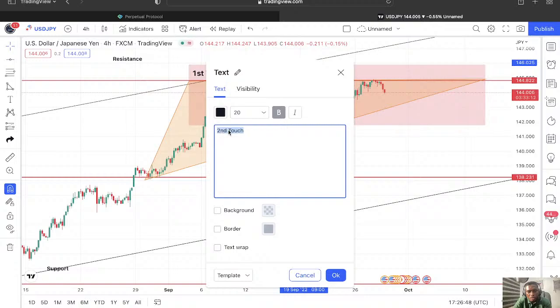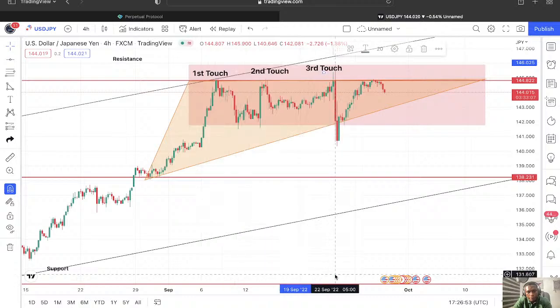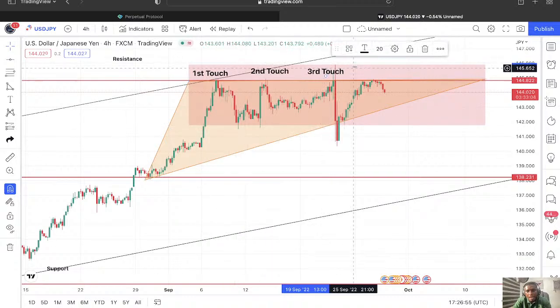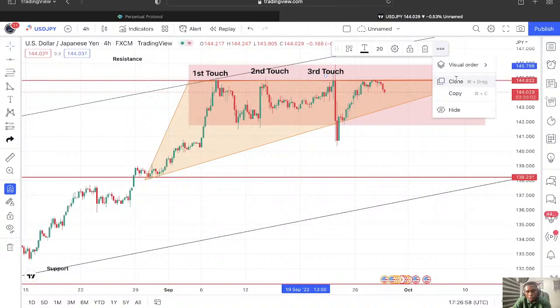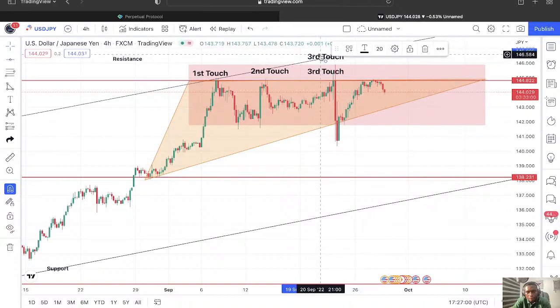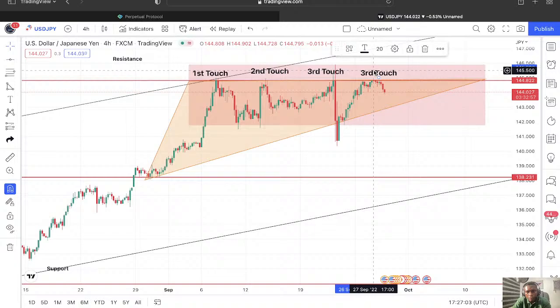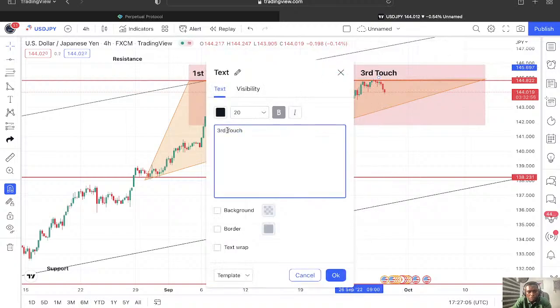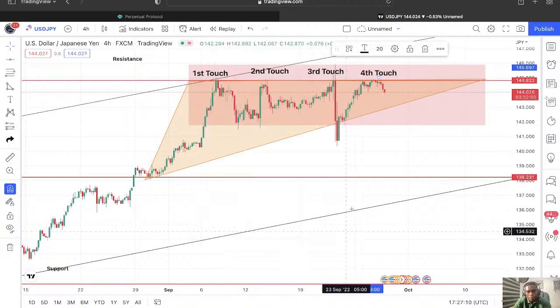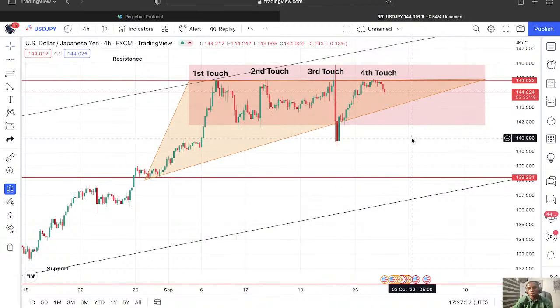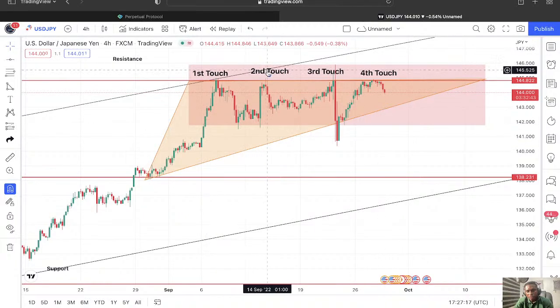We call it third touch. And see another touch here. Let's call it the fourth touch. This is the first touch, the second touch, the third touch, the fourth touch.